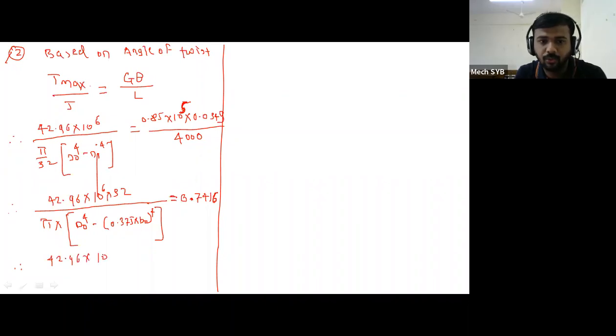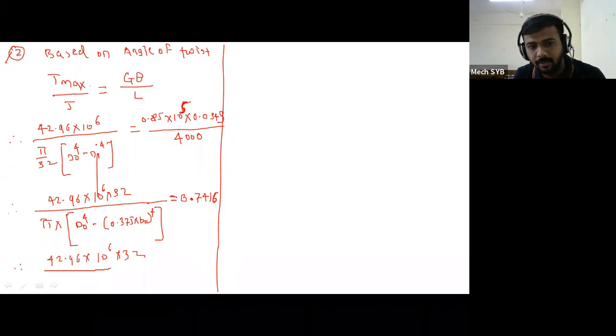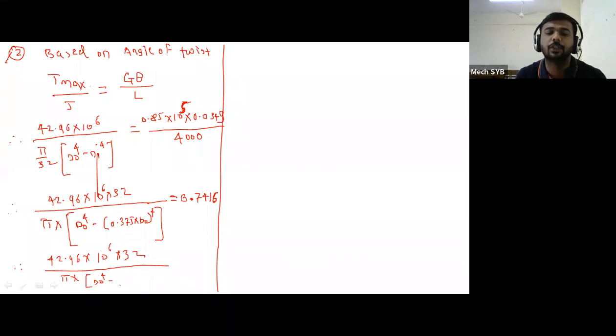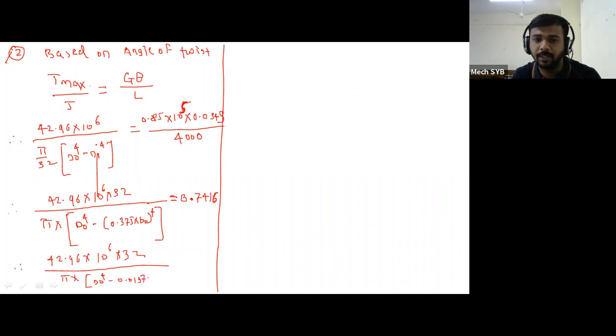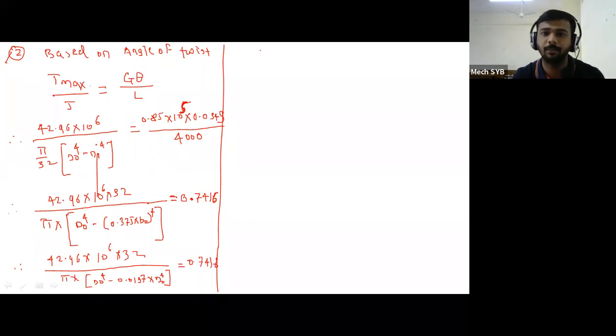42.96 into 10 raised to 6 into 32, divided by this pi as it is, again the same D raised to 4 minus 0.375 raised to 4. If we calculate this, 0.0197 into D raised to 4 is equal to 0.7416. The same as we followed for the previous concept.